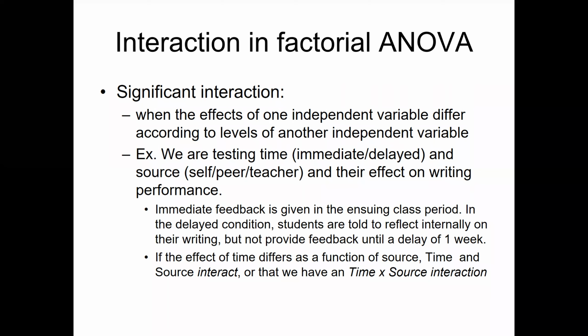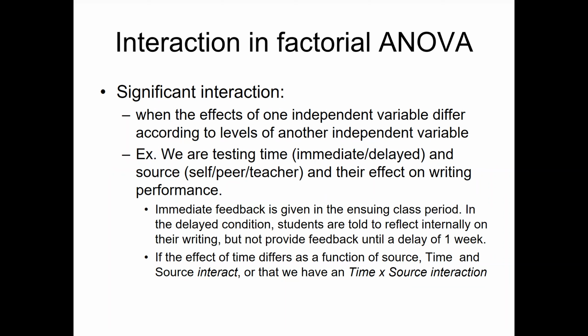So in the two timing conditions, one, you have feedback right in the next class period after a writing performance, two, in 1 week after a writing performance. All right, let me start that over again. Students do a writing performance. Then they are divided into 6 randomly assigned groups.